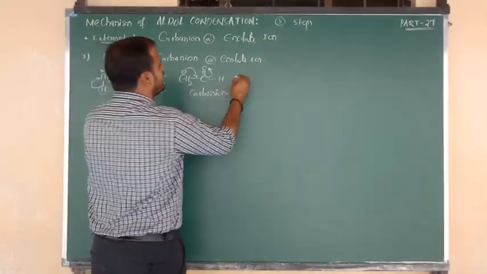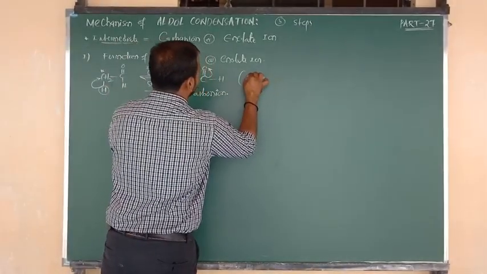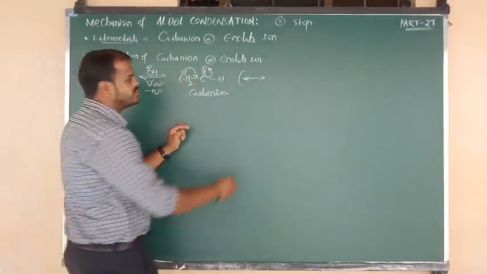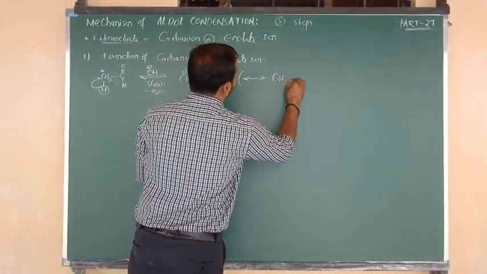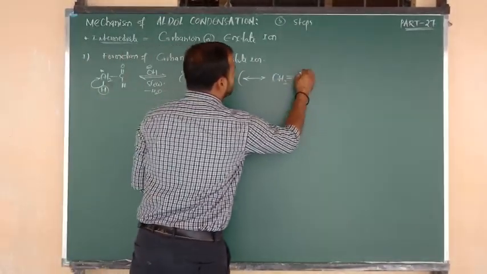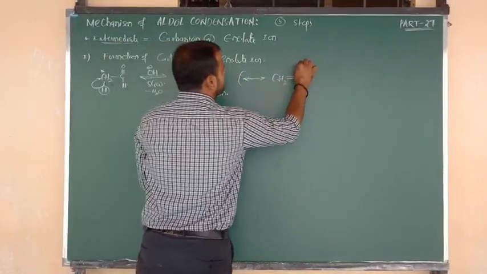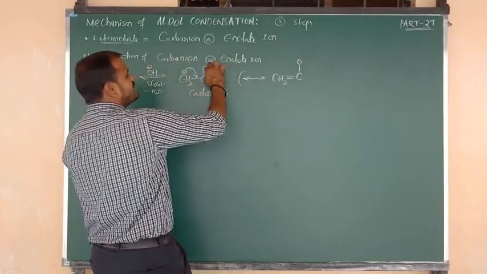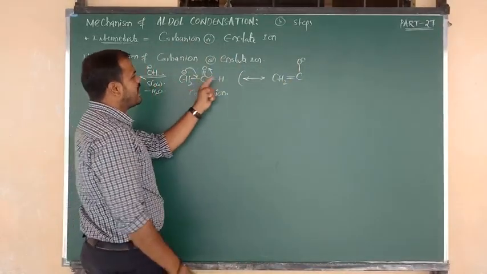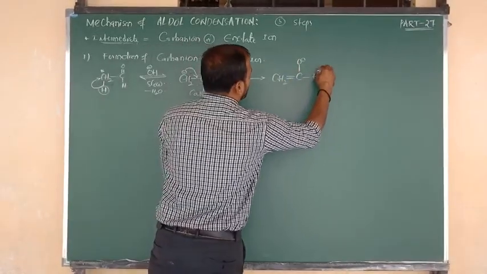Now I am going to write the resonance form. After delocalization of the negative charge, the single bond becomes a double bond. So CH2 double bond connected to carbon, the double bond above the plane becomes a single bond, and the pi bond shifts towards the oxygen, giving a minus charge on oxygen, with carbon connected to hydrogen.